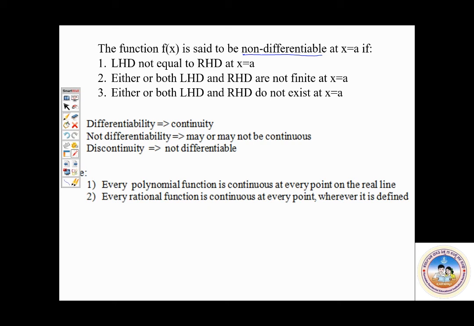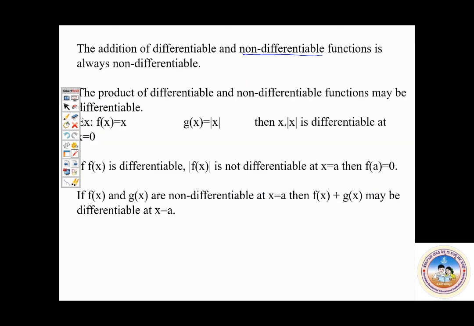Of course, every polynomial function is differentiable also. Next, every rational function is continuous at every point wherever it is defined. Now the addition of a differentiable and a non-differentiable function is non-differentiable. Remember, this case is important both in continuity and differentiability.